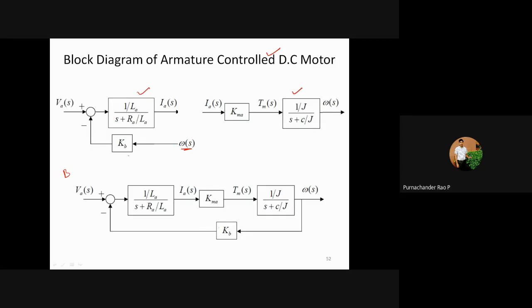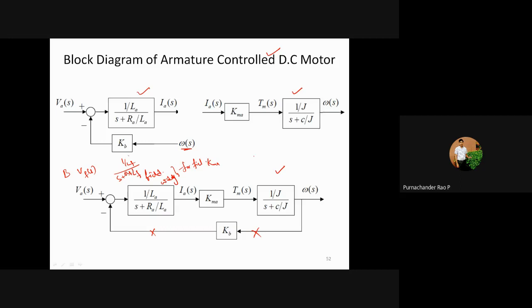So here you will get all the terms in terms of the field winding, where your armature voltage is constant. This voltage is going to be VF of S, and these values will be 1 by LF divided by S plus RF by LF, and the same Kma is available here, and this equation is also the same, but this feedback is not there.